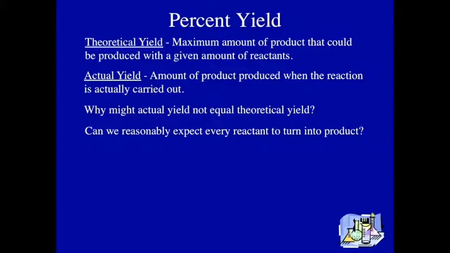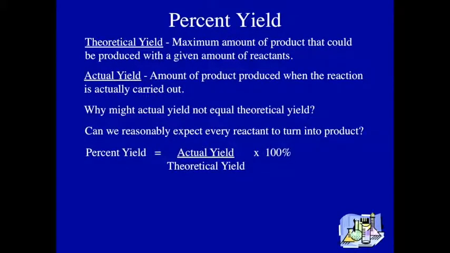Among them, just spatial considerations. If you have one molecule or particle of reactant that's very far away from another molecule or reactant, they just may not come in contact with each other. That's one of the main issues for why an actual yield would not be equal to a theoretical yield.